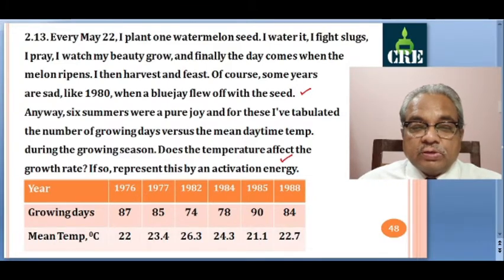So the years are 76, 77, 82, 84, 85, 88. Growing days vary: 87, 85, 74, 78, 90, 84. So the variation is from the least growing days 74 to the highest 90. And mean temperatures are also given.